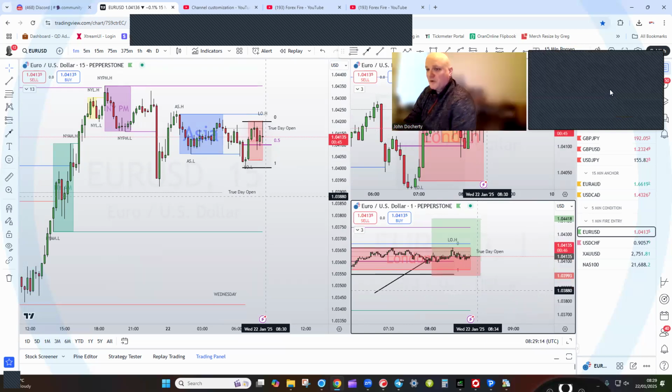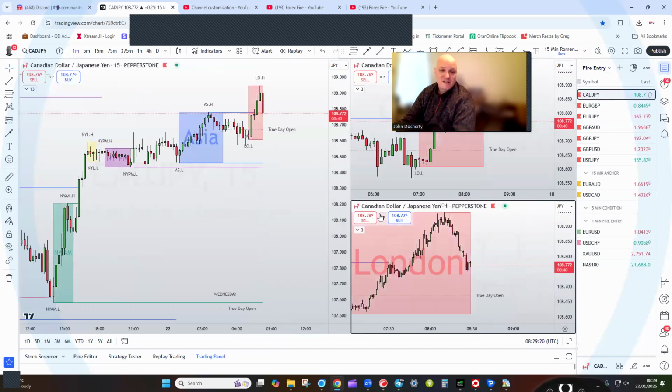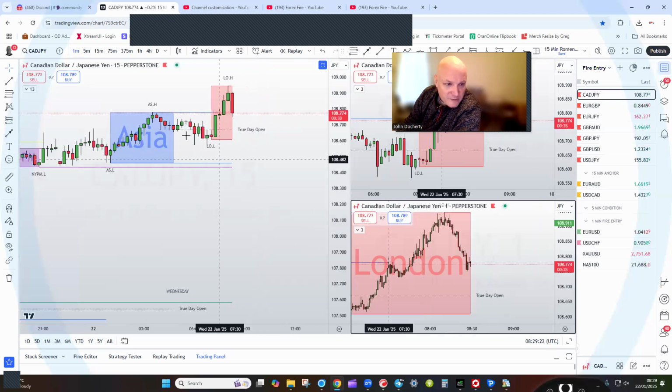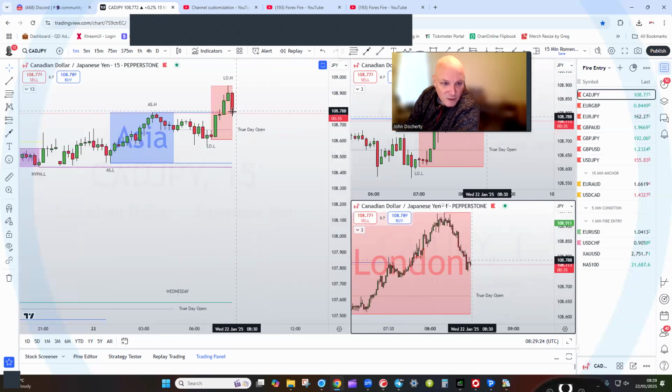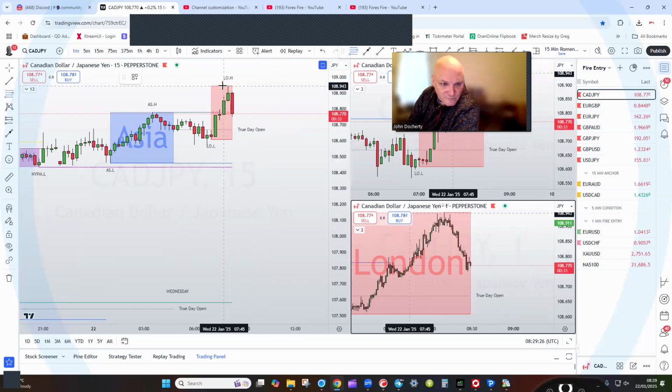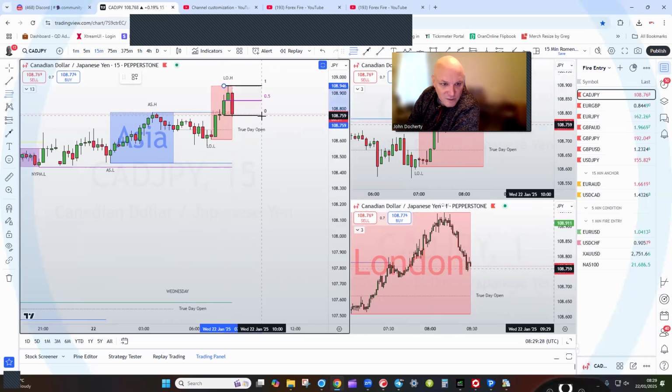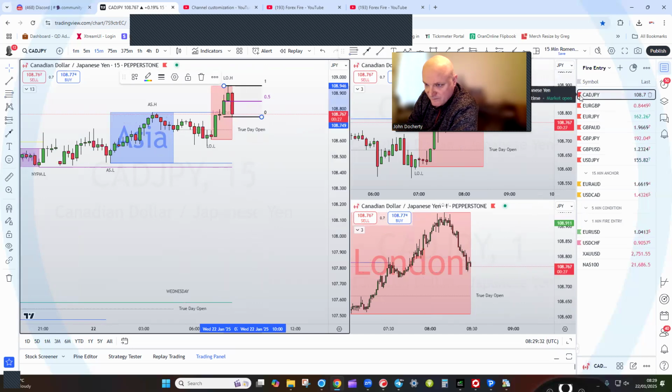Now we're going to look through the rest of these and see if we can see anything. We've got a break of an Asian high and we've got the pullback coming in. Again, we're just going to follow price. Make this orange. We'll bring it down to here.